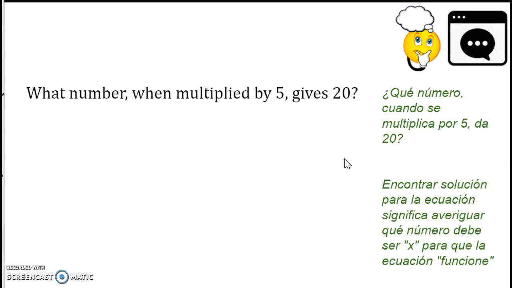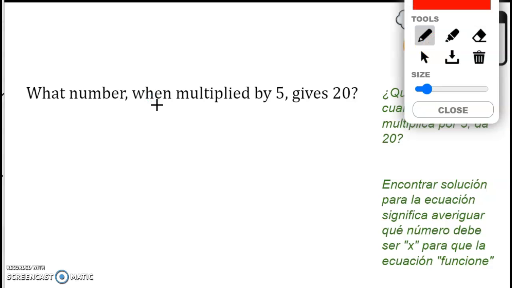Okay, so let's keep working on solving equations and solving systems of equations. To do that, if I ask you what number when multiplied by 5 gives 20, and I write that as an algebraic expression, what number makes me think about x?